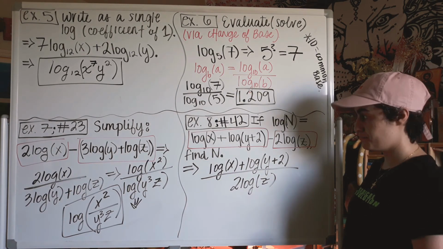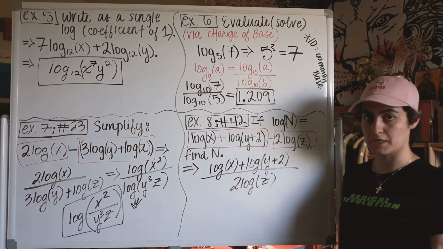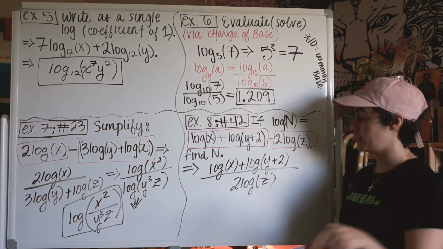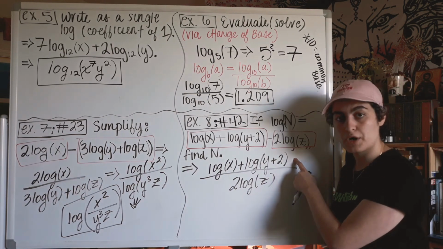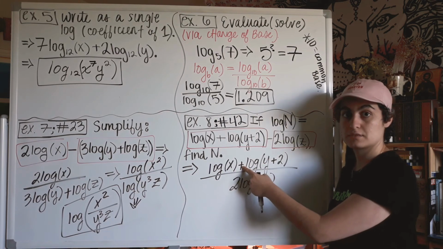So now I'm going to simplify the top. The top is telling me to do the product rule because of that plus sign.